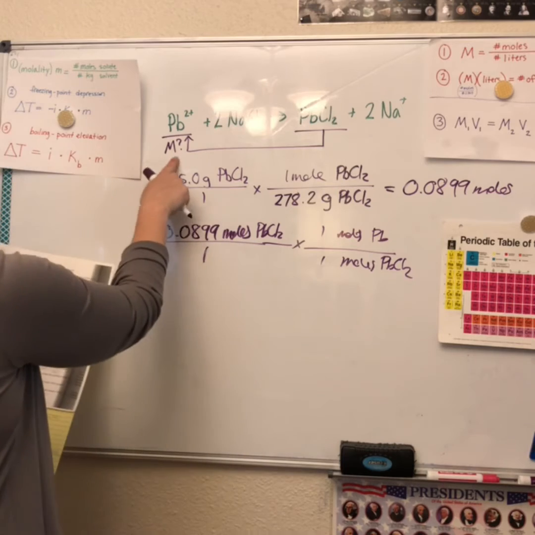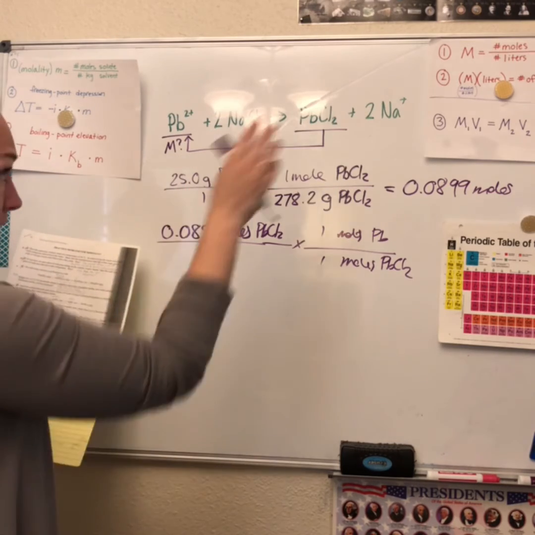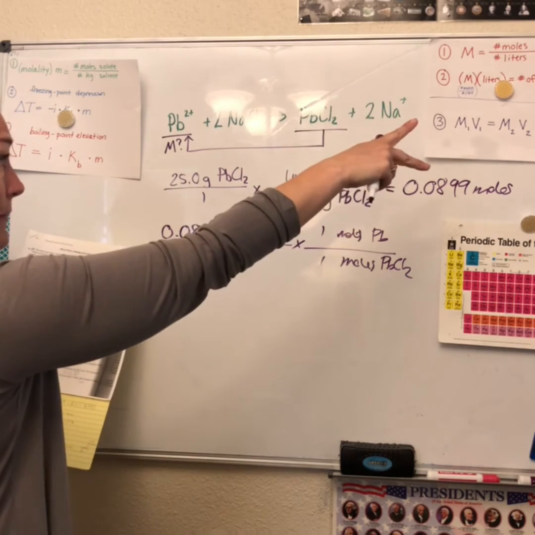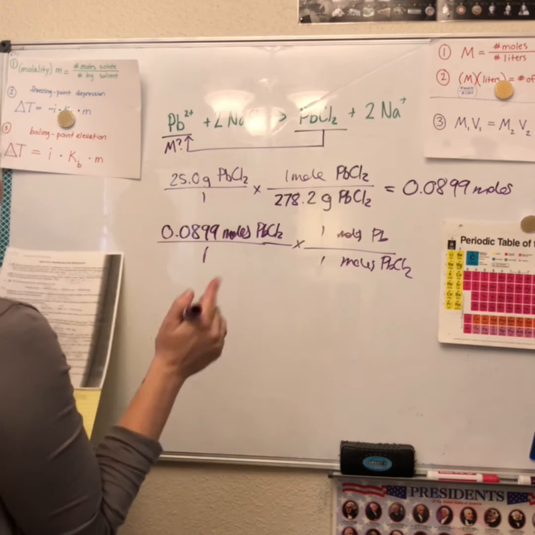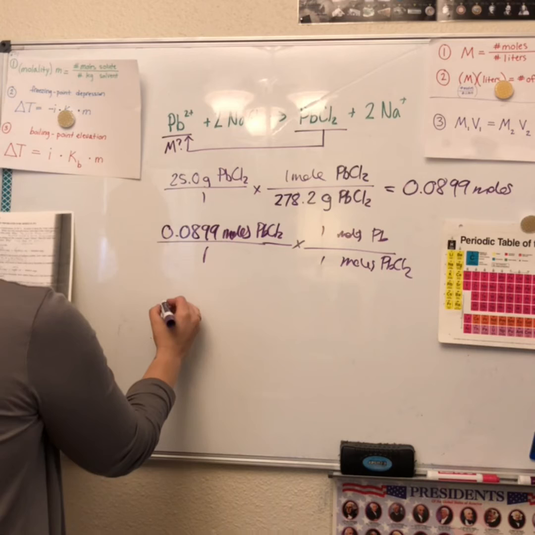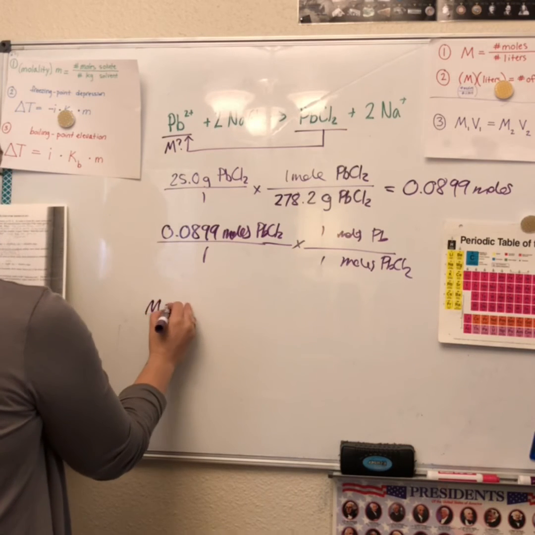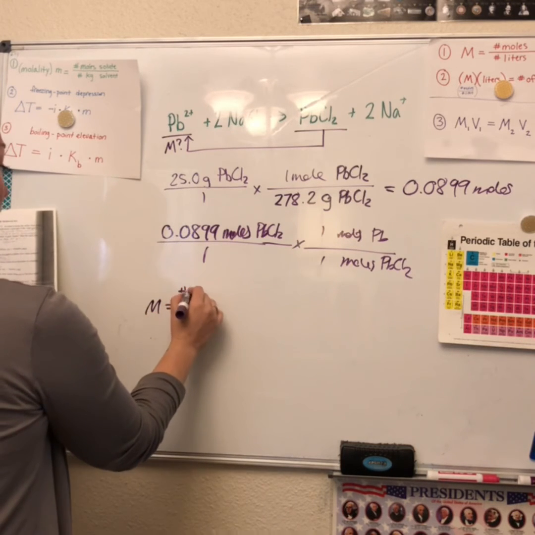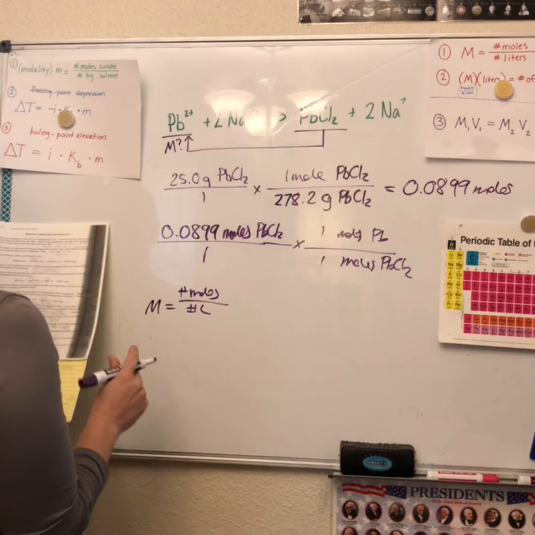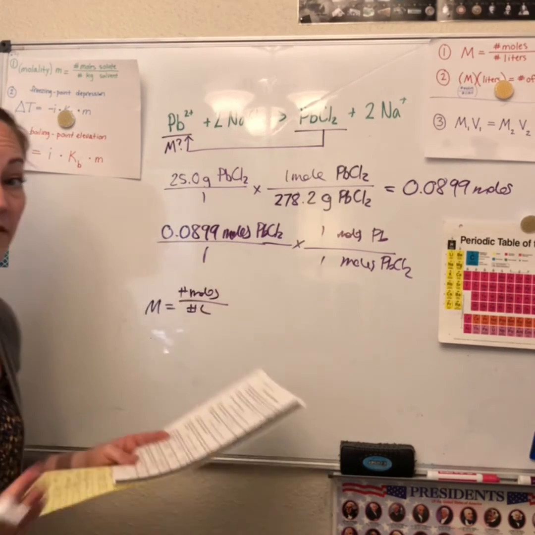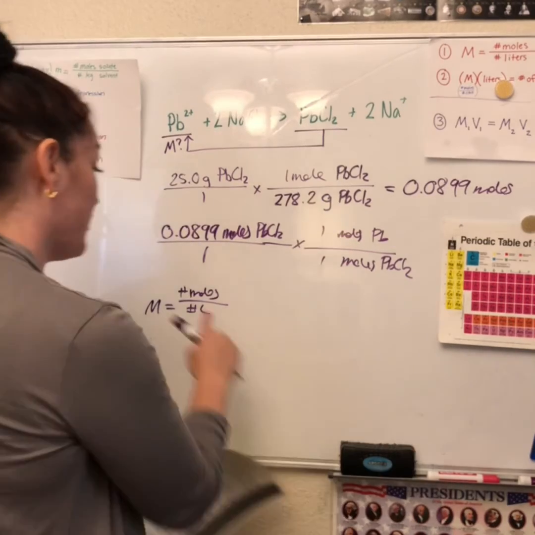Now, if I'm finding the molarity, just like I did with the last one, I'm going to use my number of moles, and I'm going to just rearrange my equation, okay? So I've got molarity equals number of moles over number of liters. And did they give me liters? They did. They gave me liters. So this should be a pretty easy problem, okay?